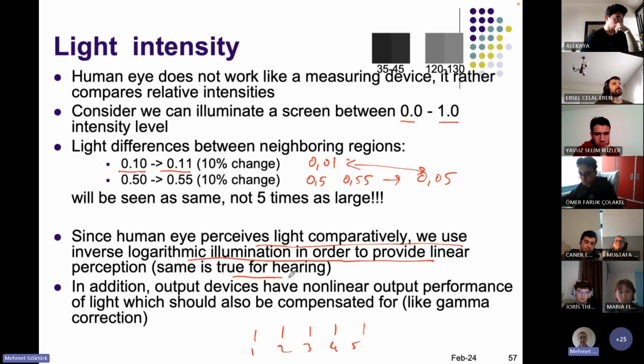Okay, so same is true for the hearing. Furthermore, output devices have nonlinear output performance of light, which should also be compensated, like gamma correction.